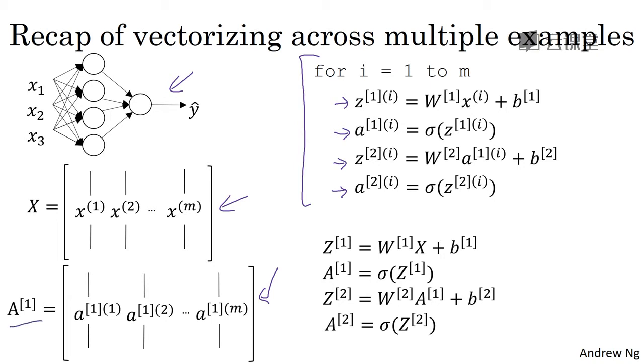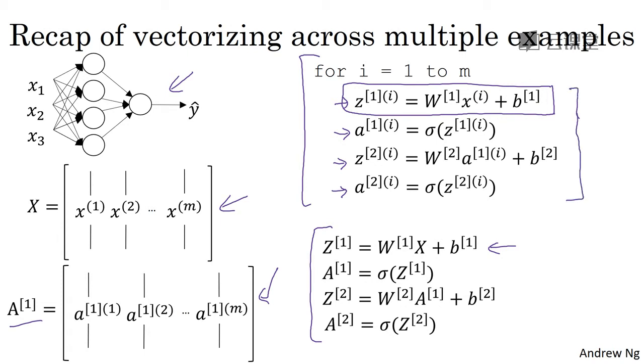So this is an example for A1, but this is true for Z1, A1, Z2, and A2. Then what we showed on the previous slide was that this line allows you to vectorize this across all m examples at the same time. And it turns out with similar reasoning, you can show that all of the other lines are correct vectorizations of all 4 of these lines of code.